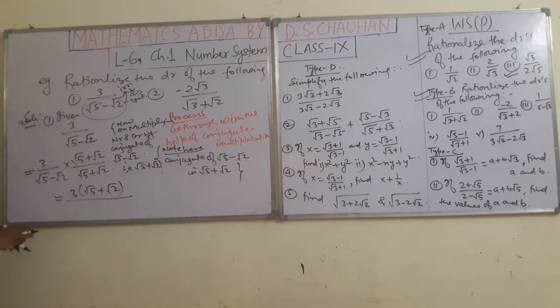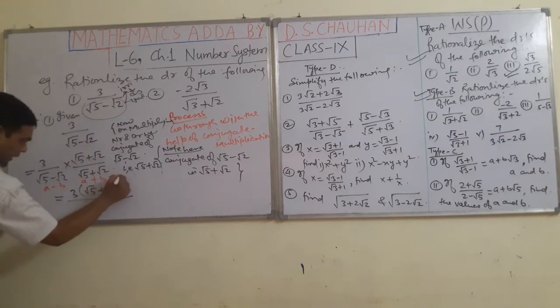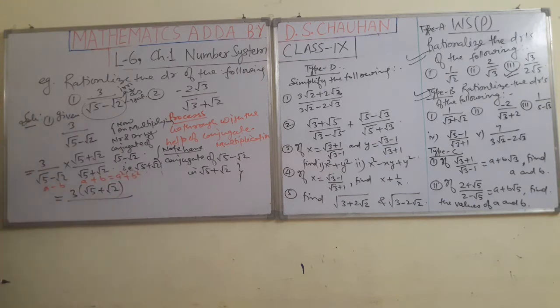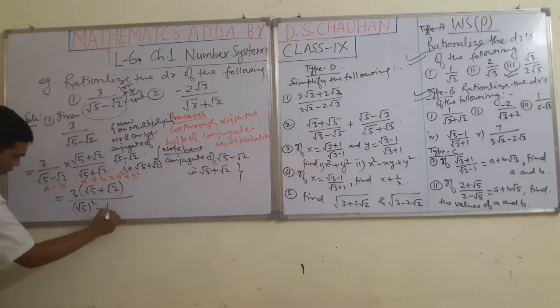Here it is of the type a minus b, a plus b. What could it be? A square minus b square. So point out here, root 5 square minus root 2 square.